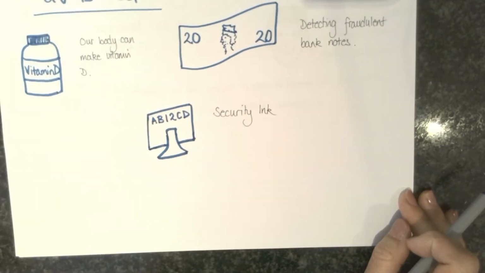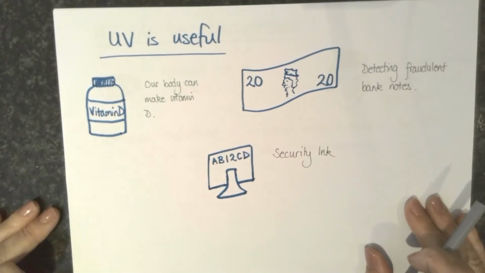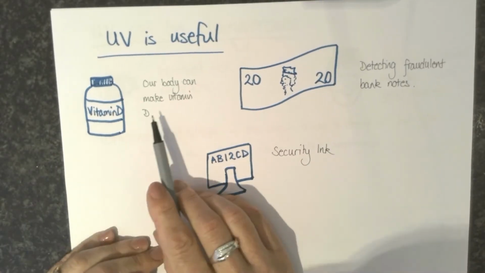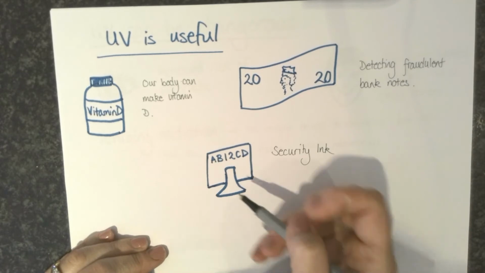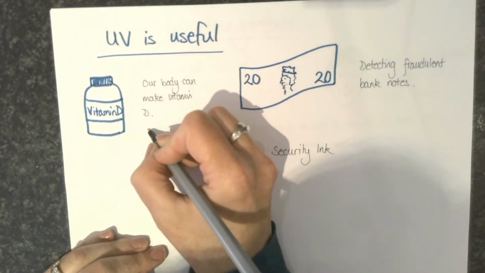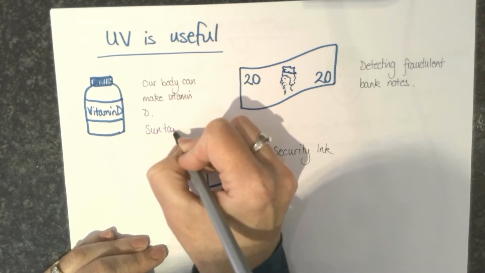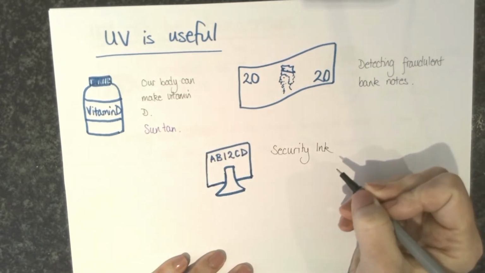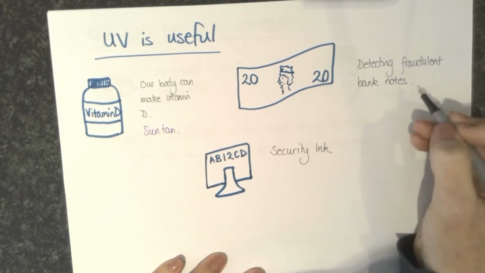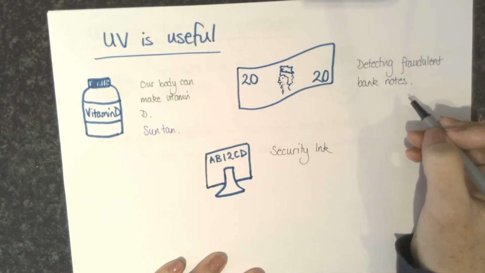Now, ultraviolet is useful. When we go out in the sun, our body can make vitamin D, which is very useful to us, helps us absorb calcium, and we also get a suntan. We're going to come on to why that's not so good as well. We can detect fraudulent banknotes.